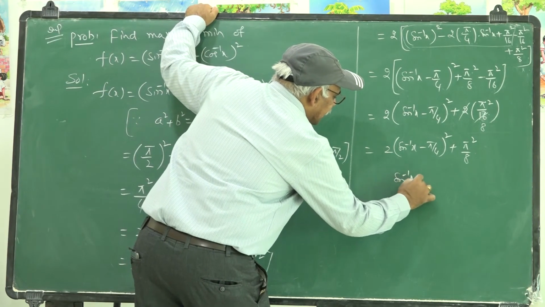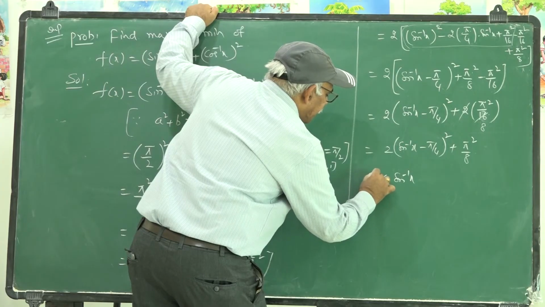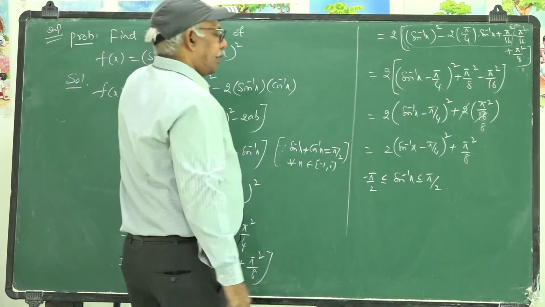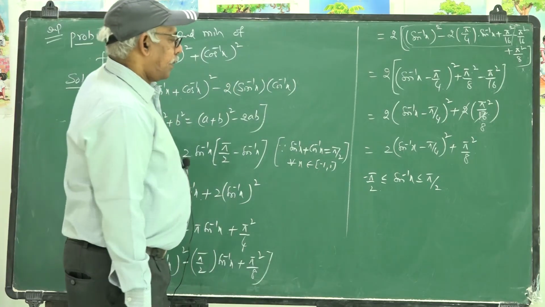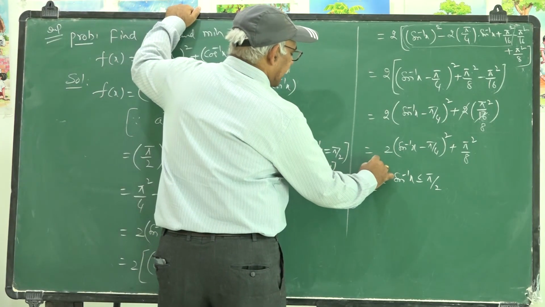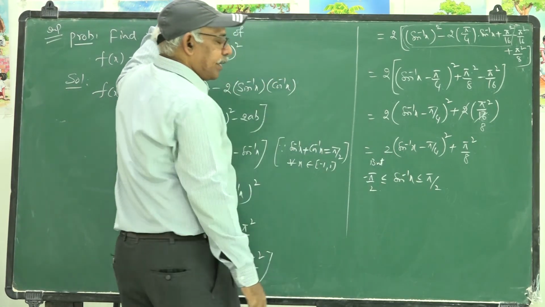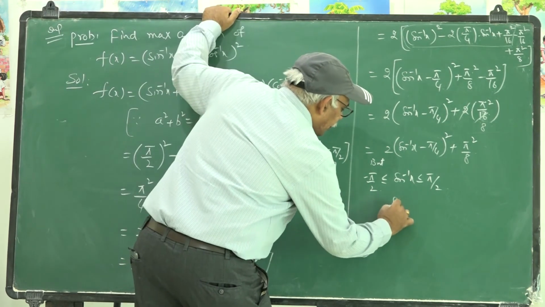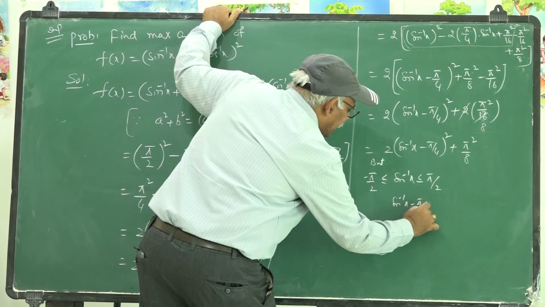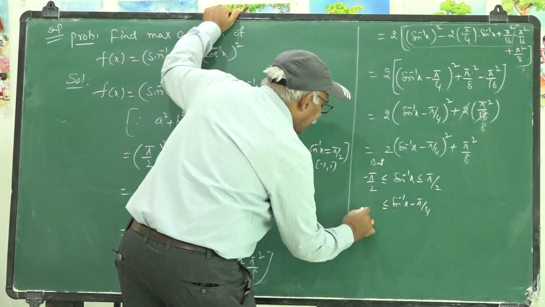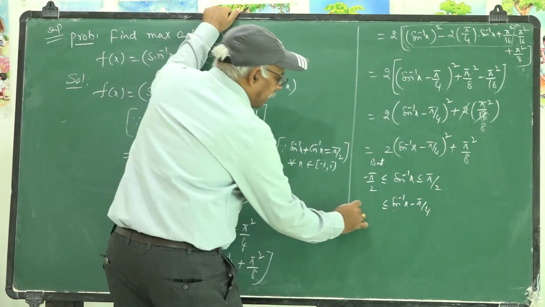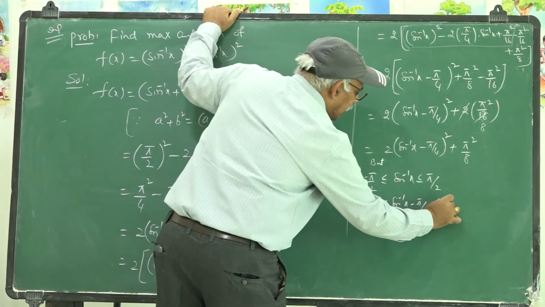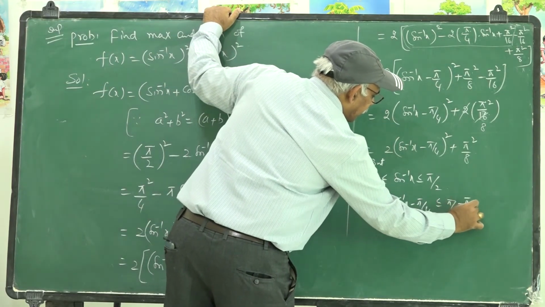Sin inverse x value always lies between minus pi by 2 and pi by 2. We know that sin inverse x always lies between minus pi by 2 to pi by 2. So, sin inverse x minus pi by 4 is given by minus pi by 2 minus pi by 4 is less than or equal to pi by 2 minus pi by 4.